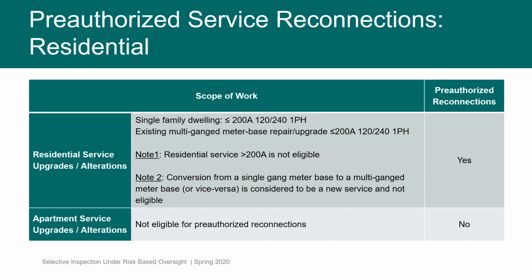Now let's go over pre-authorized connection requirements for residential service upgrades and alterations. Pre-authorized connections are permitted on single-family dwellings with less than or equal to 200A, 120/240, 1 pH, and on an existing multi-gang meter-base repair and upgrade with less than or equal to 200 amps, 120/240, 1 pH.